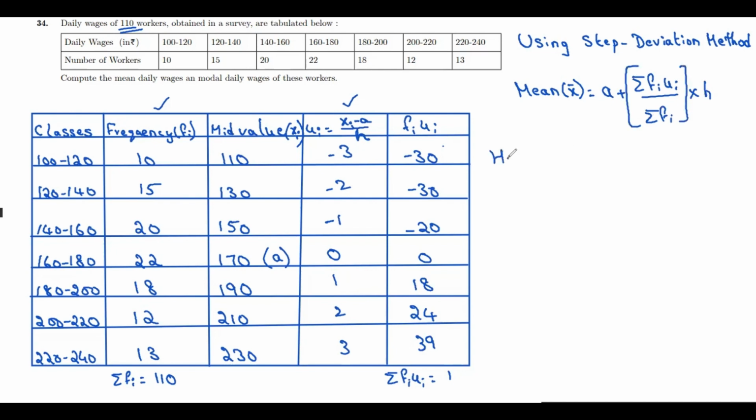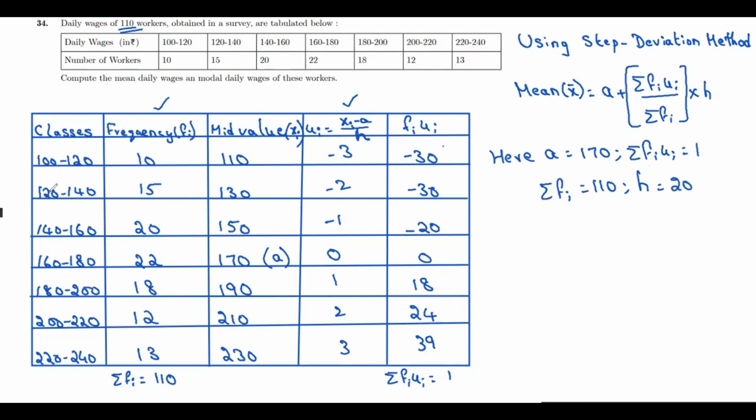Here, if you observe in the question, A is equal to 170. From the tabular form itself, we can identify sigma fi ui: last column value 1. Sigma fi is 110, and h, the class size, we identified in the beginning itself as 20.